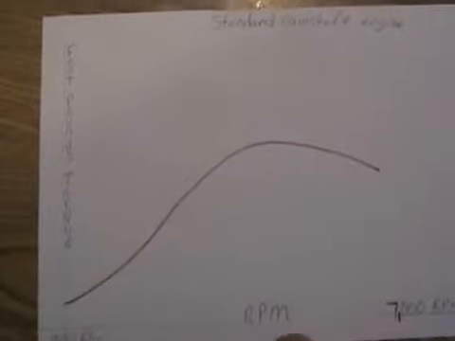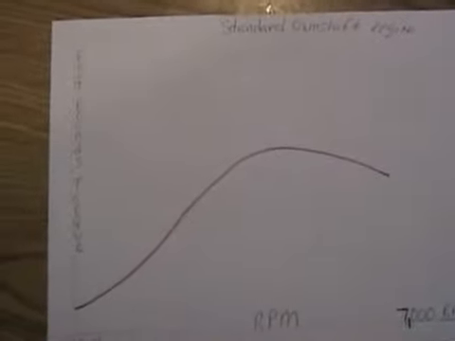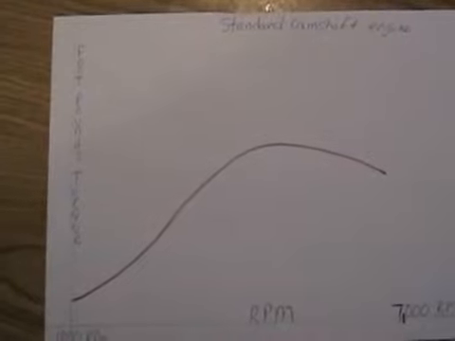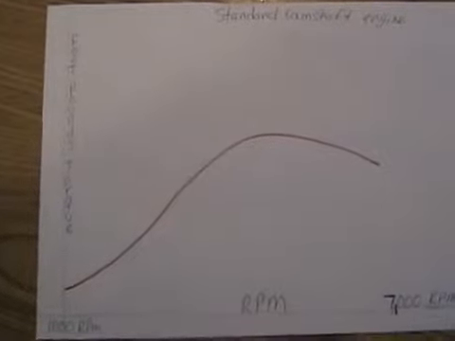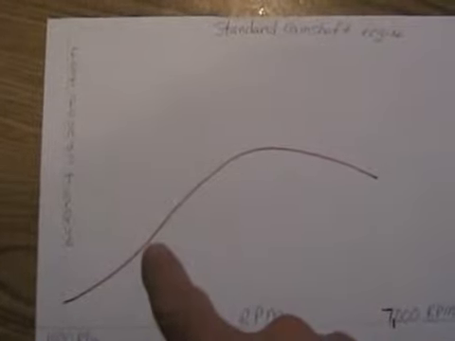This type of camshaft is best designed for low-speed driving, under 60 miles an hour or 100 kilometers an hour, and to give excellent fuel economy and good torque at low RPM during accelerating from takeoffs.